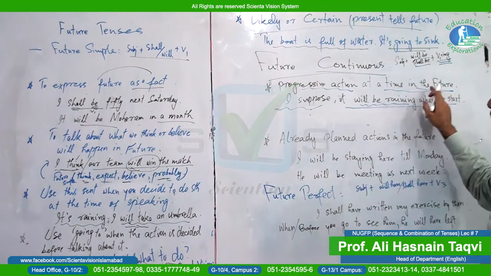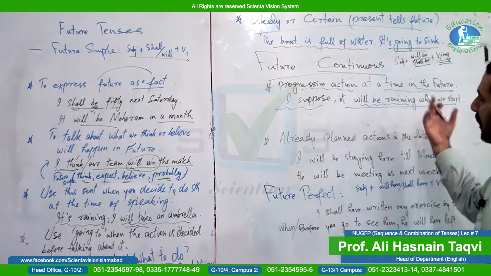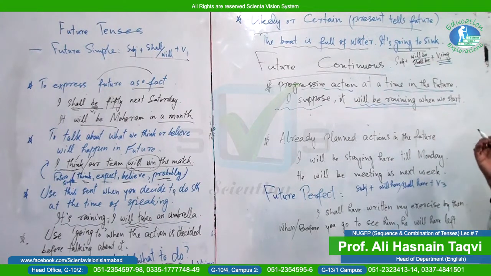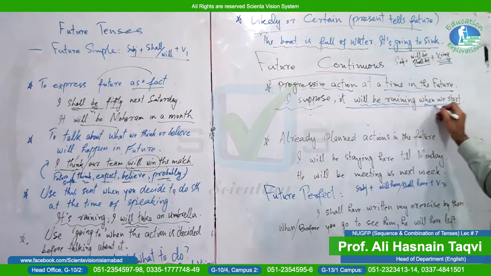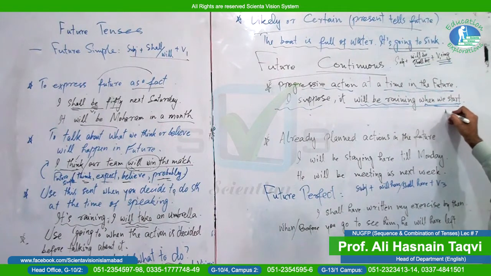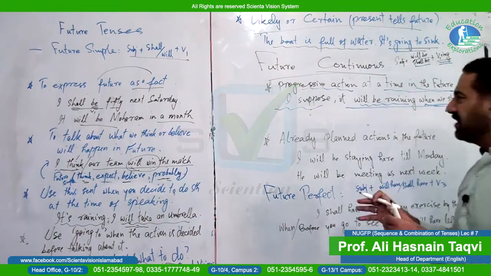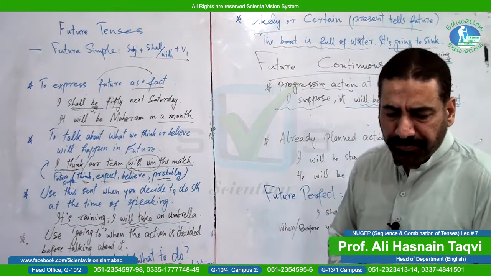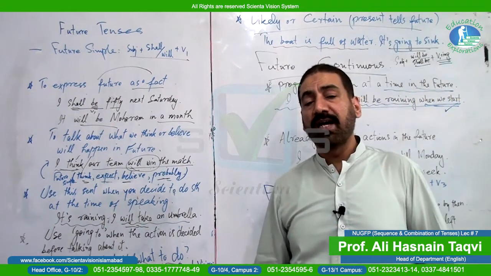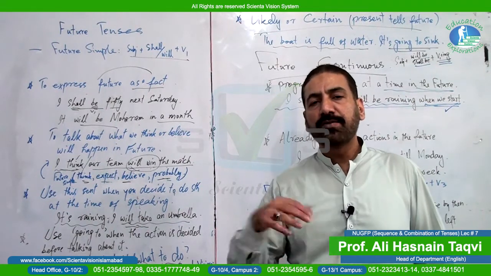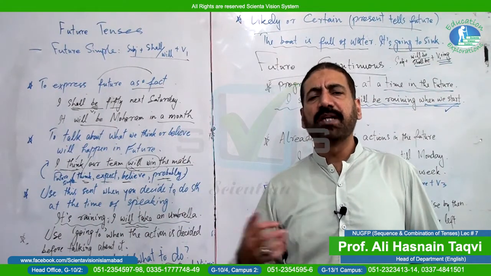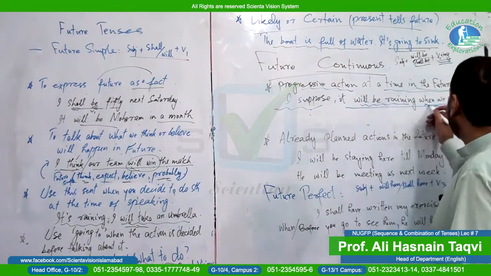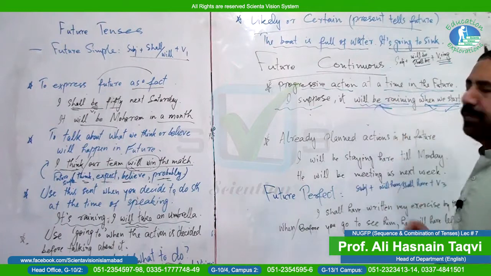Why? Because this is the progressive action expected by the speaker. I suppose it will be raining when we start. So when we start, again, when two sentences are joined, they both cannot be put into future version. The way they say, when the sun rises, it will be a lovely sight. You cannot say when the sun will rise, it will be a lovely sight. One has to go into present structure. So when we start, it will be raining.